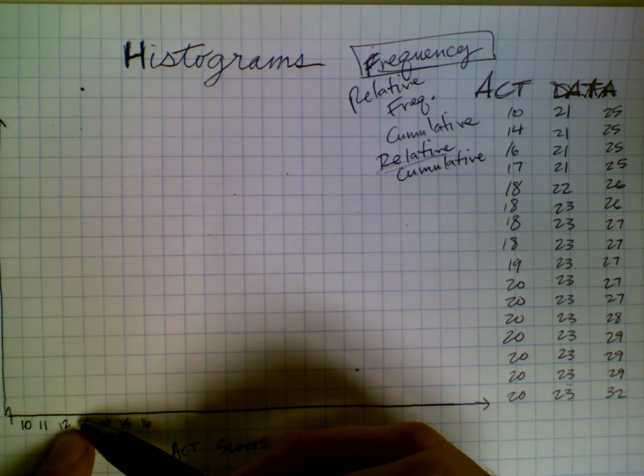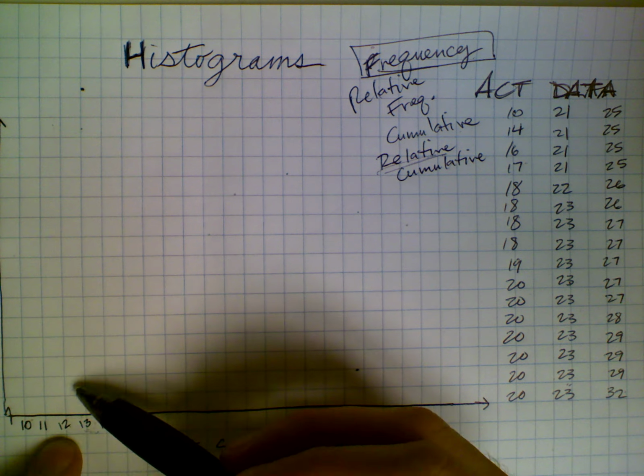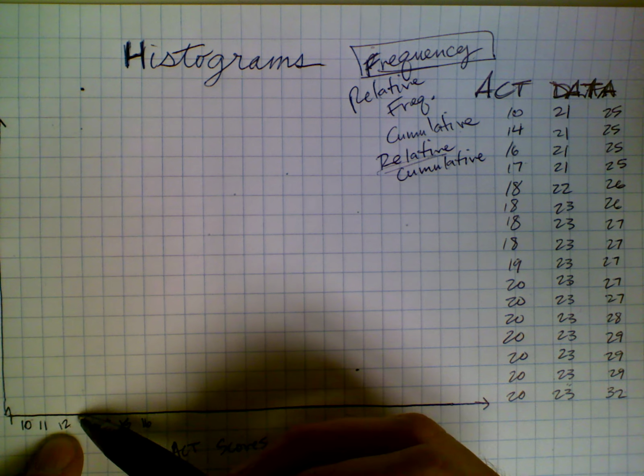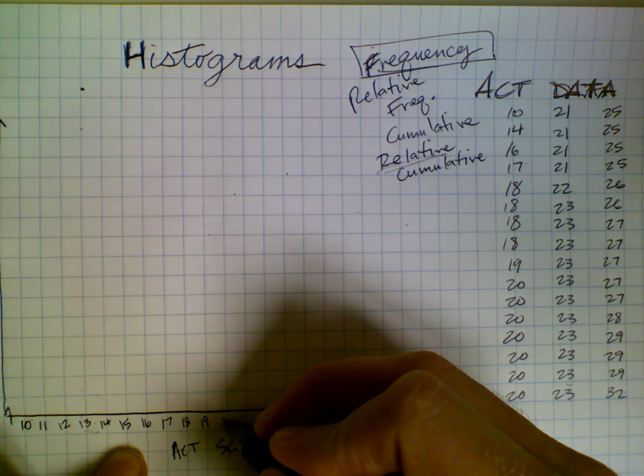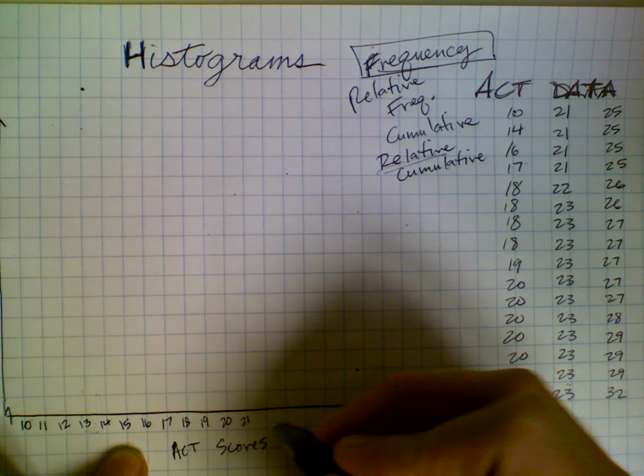If my bins were of size 2, so this would be 12 and maybe 14 here, 12 and 13 scores would both go in that bin. So depending on the size of your bin, it looks at how many different scores you might be putting in there. For ease of this first one, I figured we could just make a bin of 1.